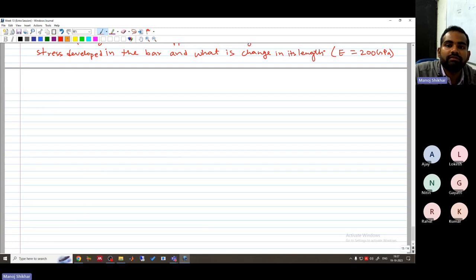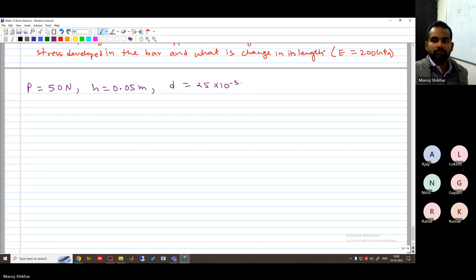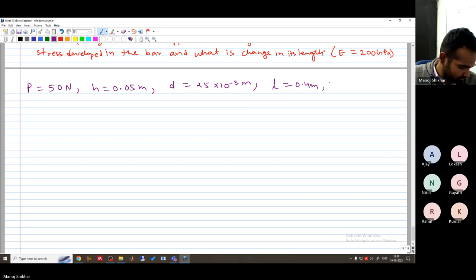So let's jot down all the values. P equal to 50 Newton, H equal to 0.05 meters, D equal to 25 into 10 power minus 3 meters, L equal to 0.4 meters and E equal to 200 GPa.